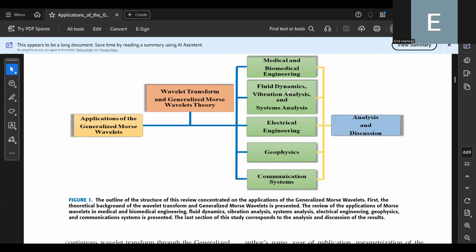I wanted to mention that I was trying to be specific about the particular domains, but all these applications can be covered within the broader field of mechanical engineering.